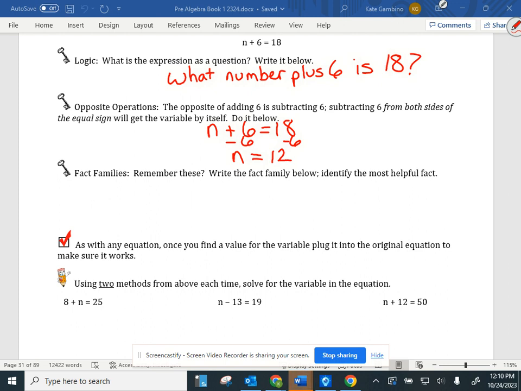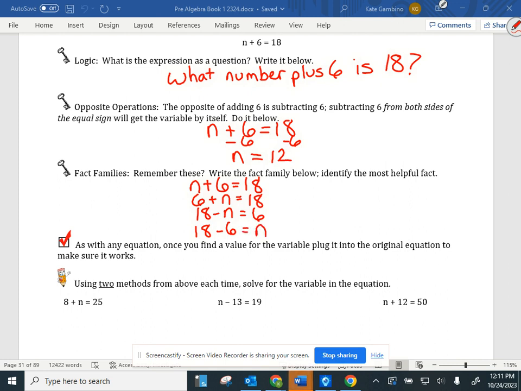Then we can use fact families. So remember those fact families with our adding and subtracting. If we have n plus 6 equals 18, we could say 6 plus n equals 18. We could say 18 minus n equals 6, or 18 minus 6 equals n.